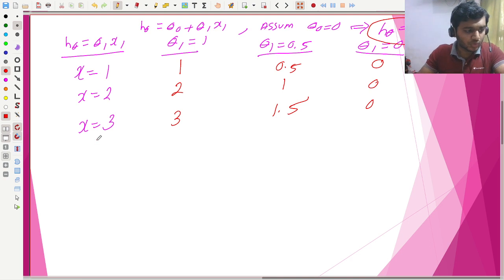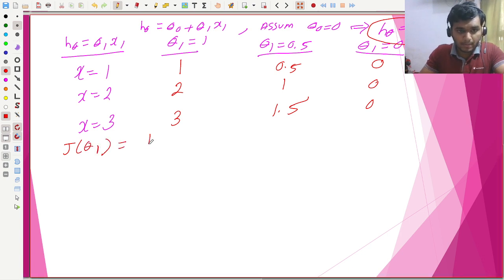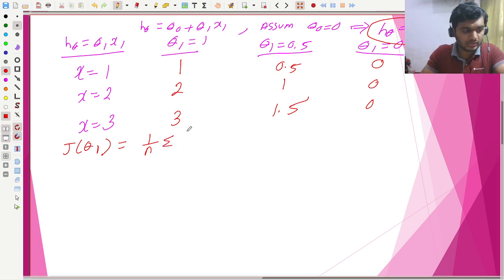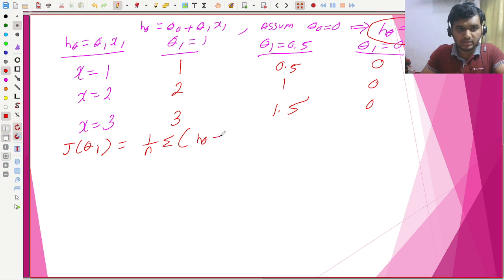If you apply this in mean square error, the formula is 1 by n summation of (h theta of x minus y) whole square.